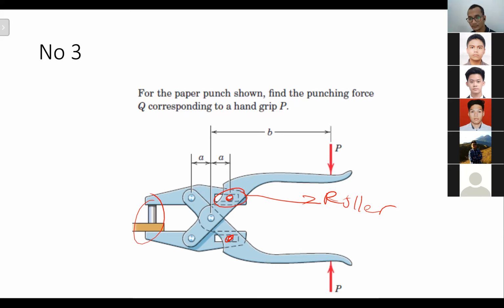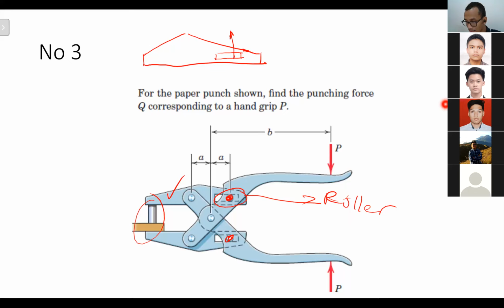So let's say we take the moment at C. Basically, you can draw the free body diagram like this, right? This is your final free body diagram that you're supposed to solve. I try to draw this particular free body diagram. Because there is a slot here, it's supposed to be a vertical force due to this particular roller, right?